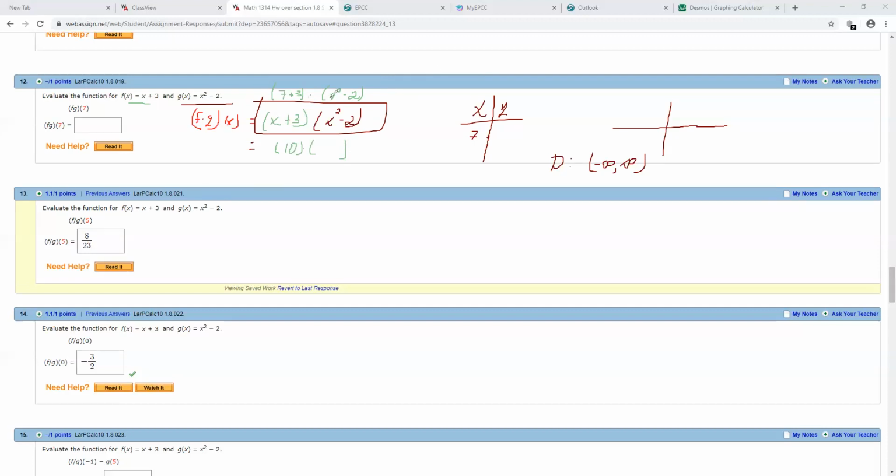And 7 squared, 49 minus 2 is what? 47. And then is that it, Griselda? No, we still have to multiply those together. Good. 470. Oh, Lord. So at x equals 7, this graph would go way, way up to 470. There would be a point way up there. And now we just put that here.